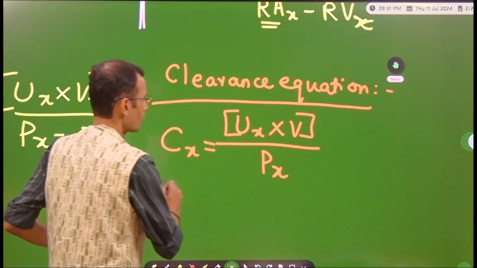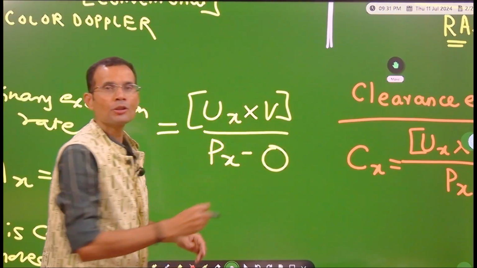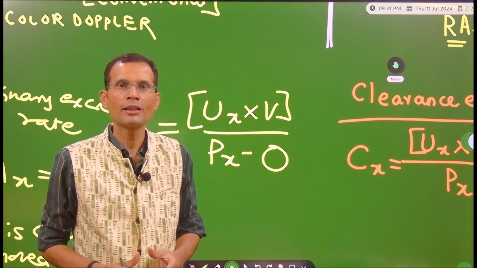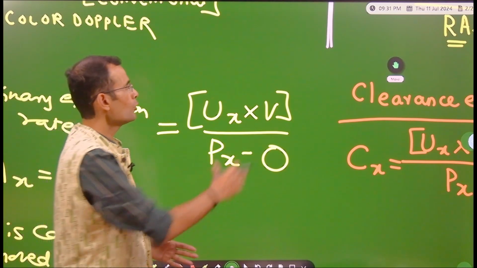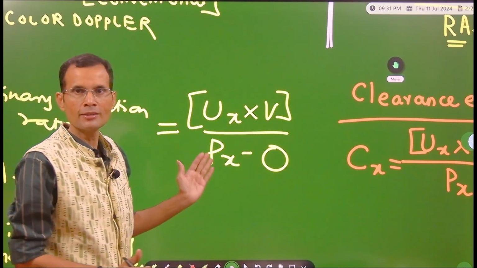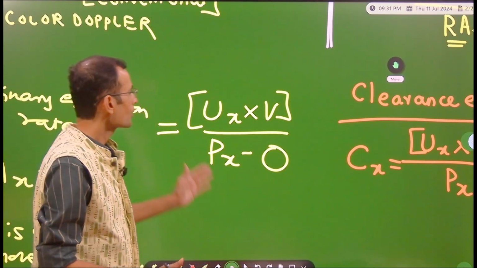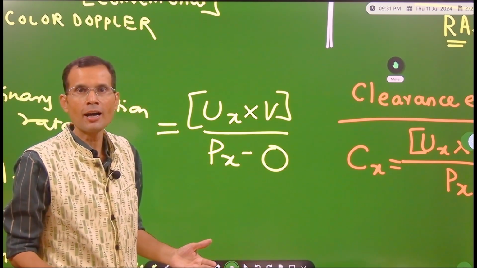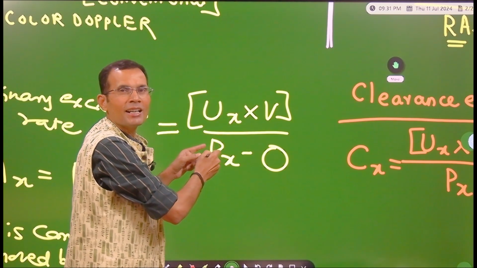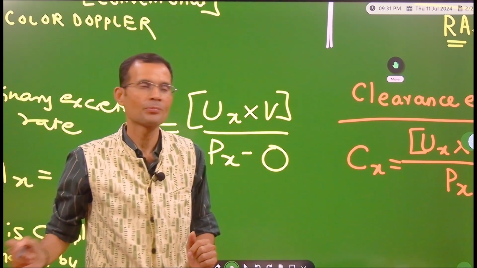Here. And we started out with Fick's principle for measurement of the renal blood flow or renal plasma flow, and we have certain criteria, certain properties of that particular substance. If those properties are there, then Fick's equation became the clearance equation of that substance. See?